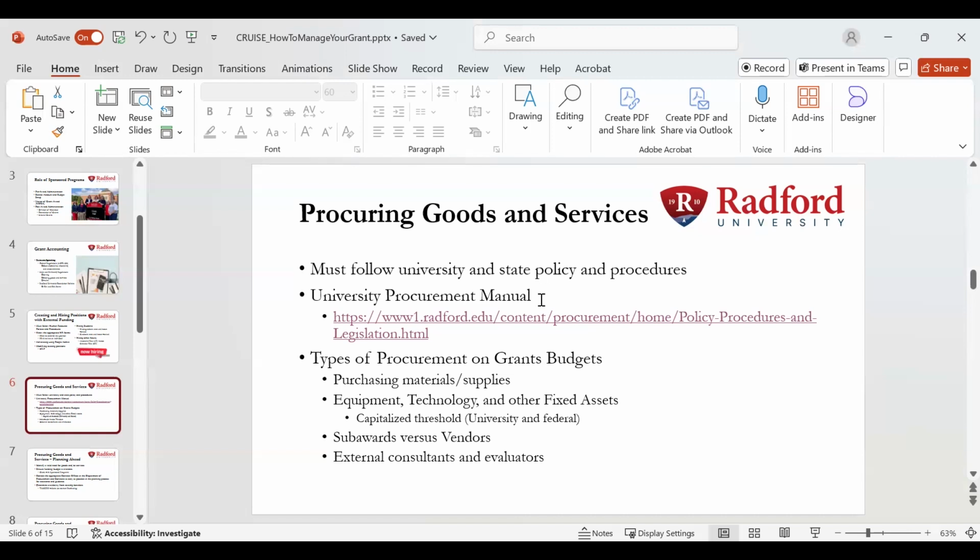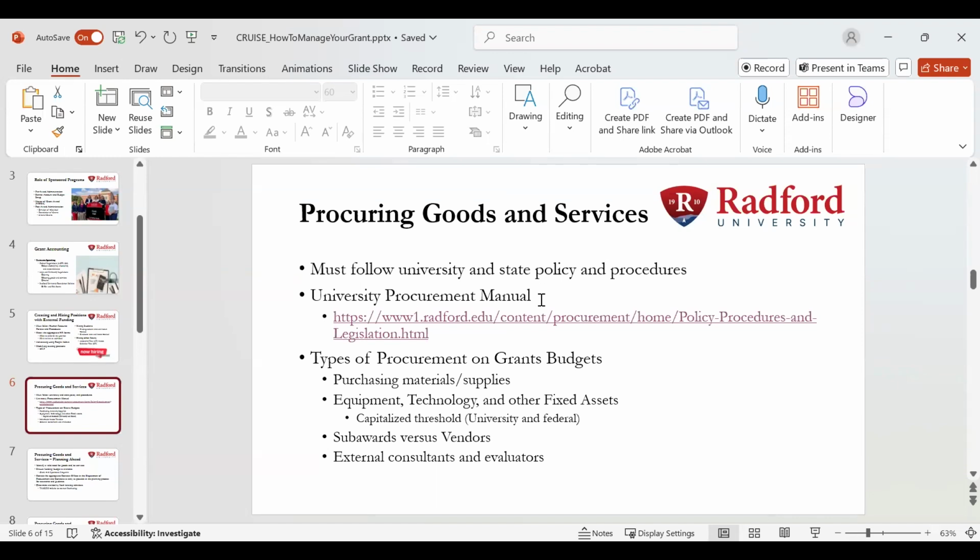And also other types of procuring goods and services are external partners. External partners, I will define as being subawards. On some of our grants, we've had faculty members want to learn a little bit more about what a subaward is and what a vendor is. They're two distinct, separate entities, defined differently within the Code of Federal Regulations.